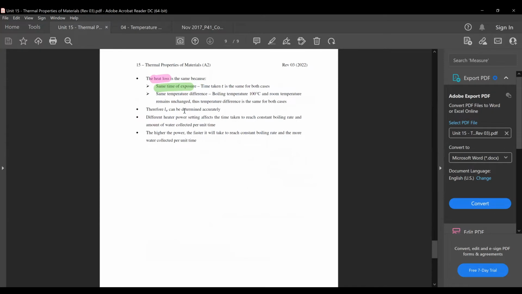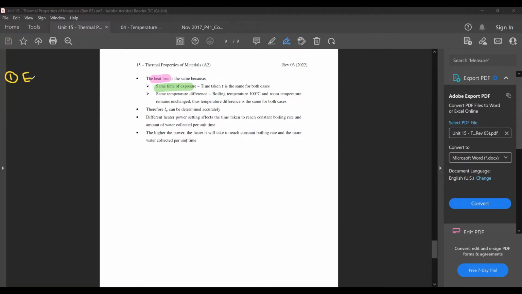Now, how does heat loss get affected by exposure time? It will be better to look at some examples like this. Let's just say, for example, I give you two different beakers. They are all placed in the same room.